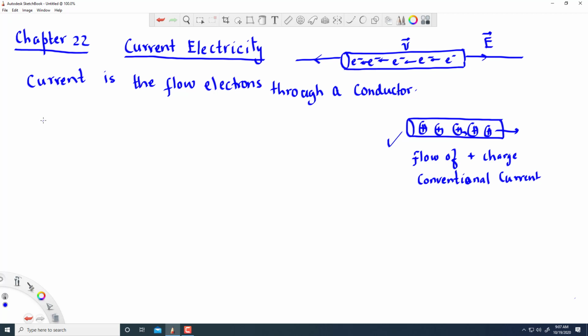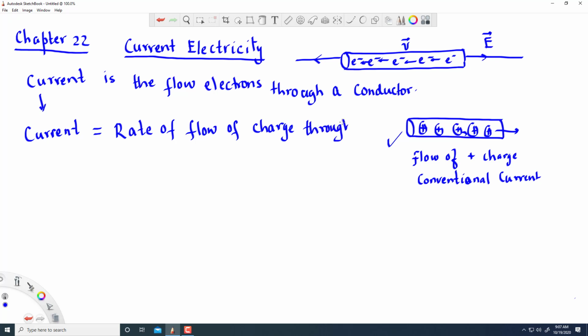Okay, so how do we define current mathematically? Mathematically we can define current as the rate of flow of charge through a conductor. The first one I wrote here is the layman definition, but more formally, current is the rate of flow of charge through a conductor.